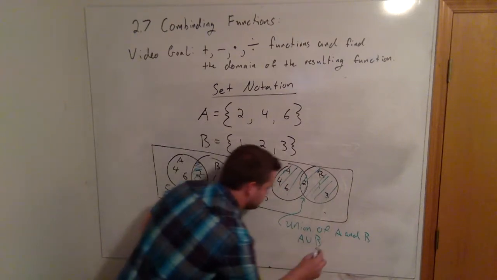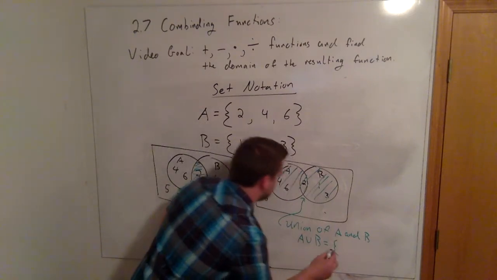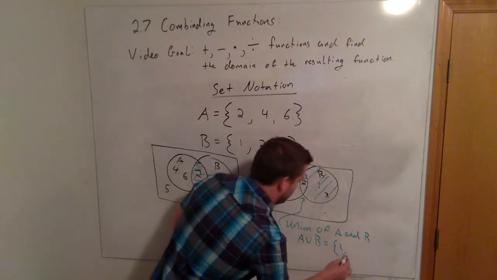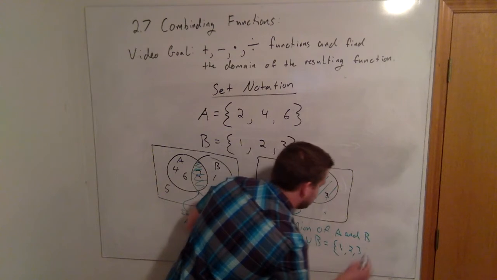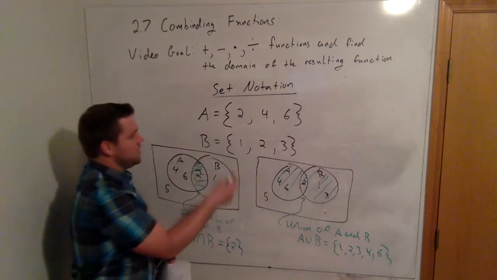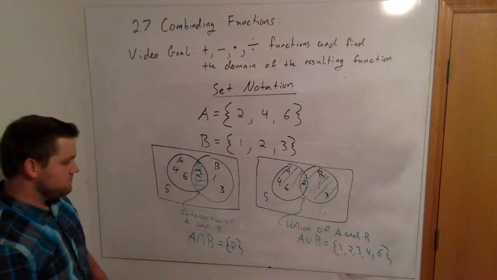What's in this set? Well, how could I win? I'd win at least one of the bets if I rolled a 1, a 2, a 3, a 4, or a 6. Okay, notice I didn't record 2 twice.